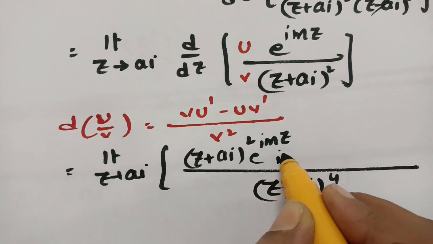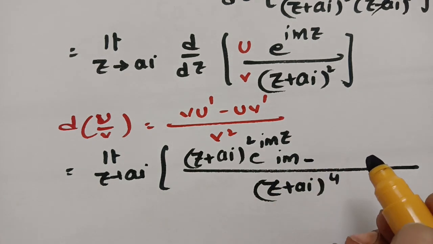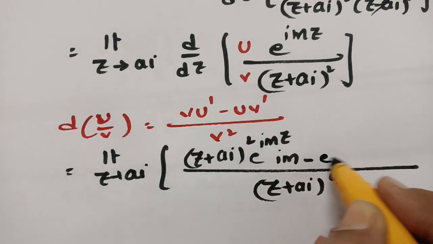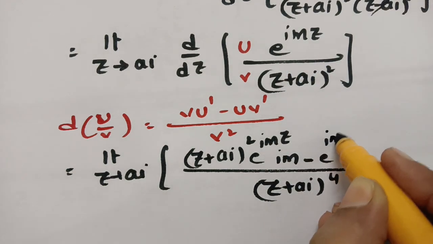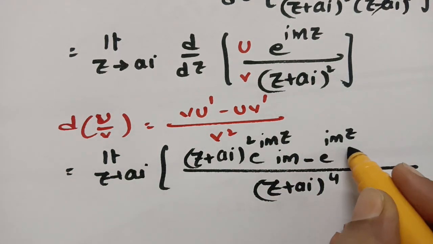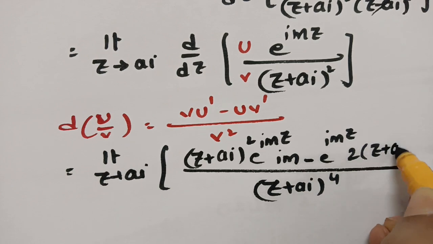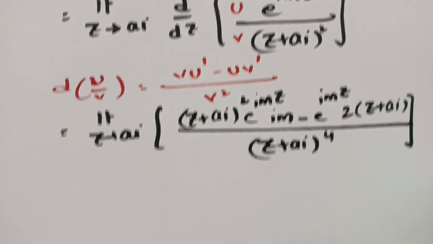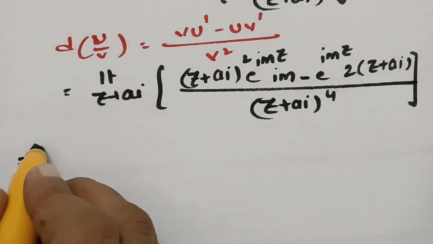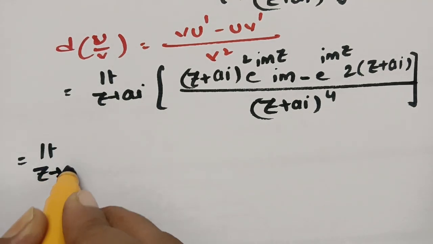For z equal to 1, I am writing im minus, so again I have to leave u here. So this is u, e power imz, and the derivative of v is 2 times z plus ai. Clear?